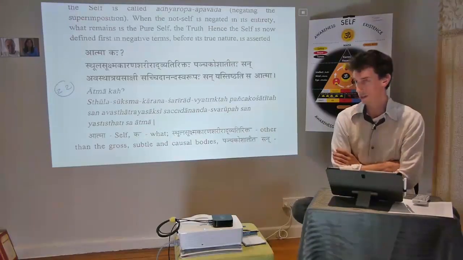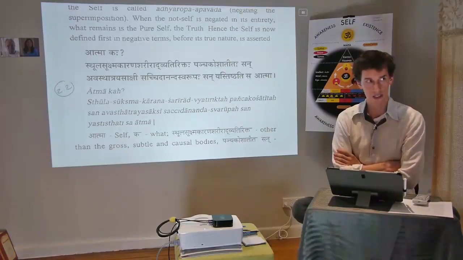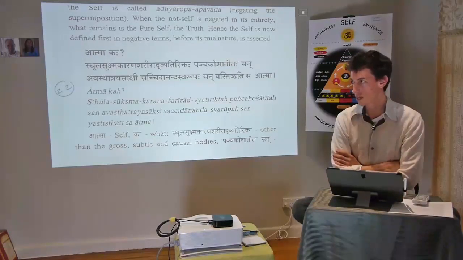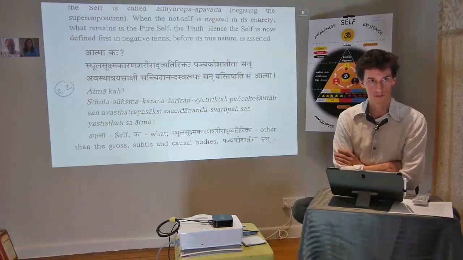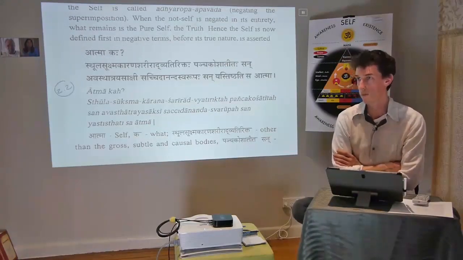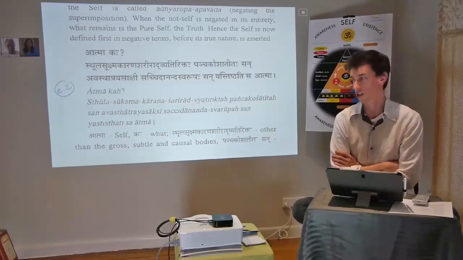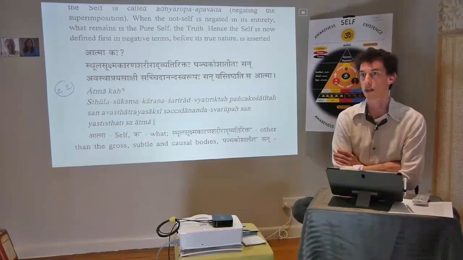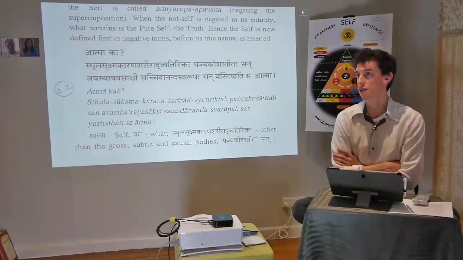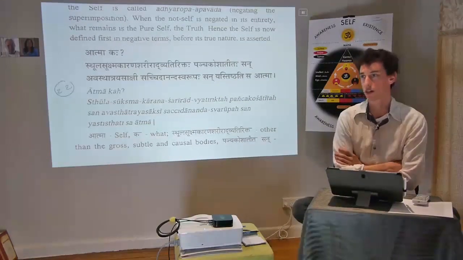Now, both swarupa and tatastha have to be there for moksha to work. That means the teacher should use both swarupa and tatastha lakshana to help the student disassociate from the three bodies, the panchakosha and the three states.